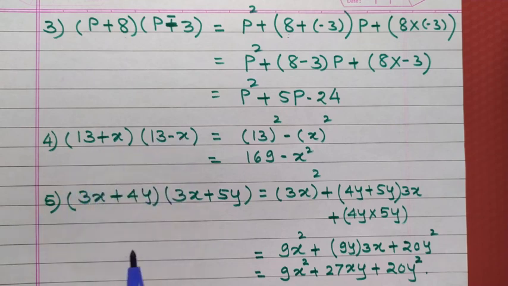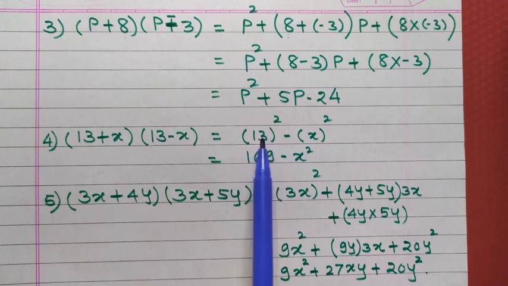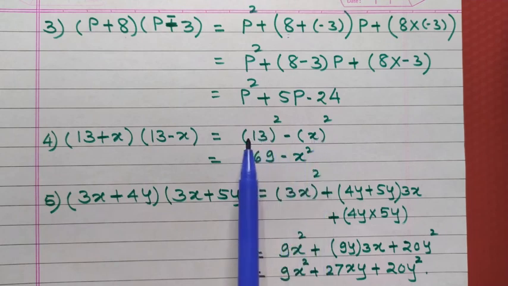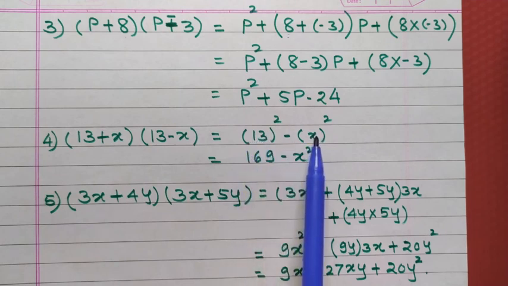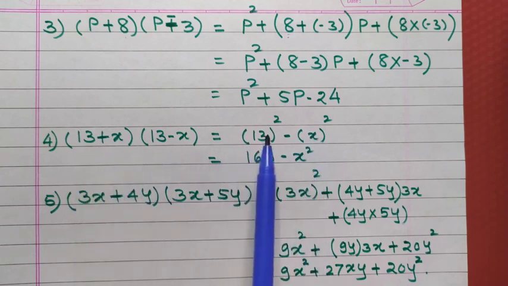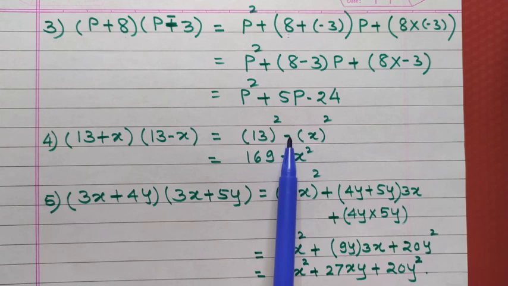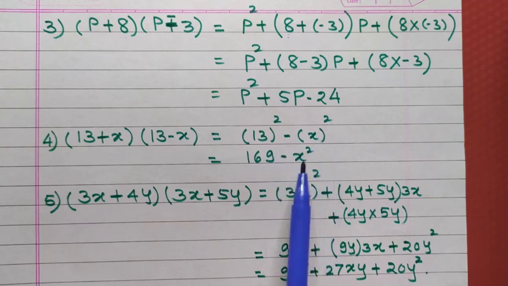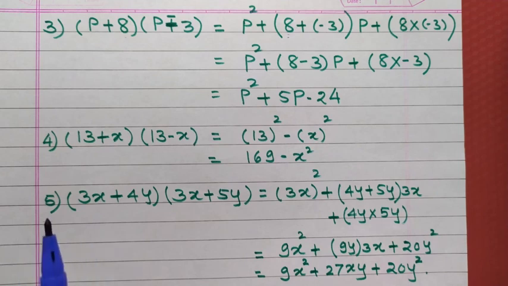What is the expansion of (a plus b) into (a minus b)? a square minus b square. Here a is 13 and b is x. So it will be 13 square minus x square. What is the square of 13? 13 13s are 169. So 169 minus x square.